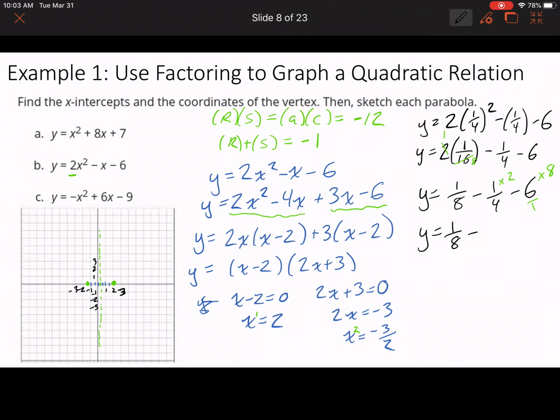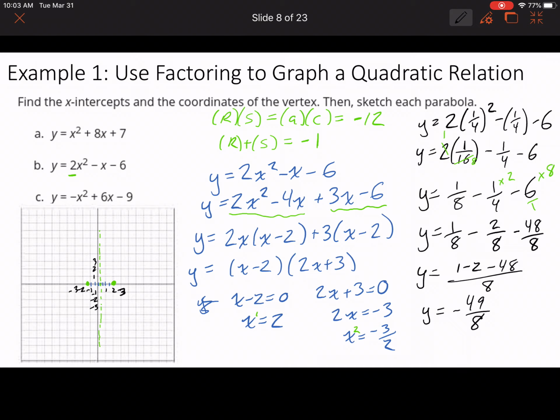If you don't get fraction work, you're going to have to go back and find some worksheets from the beginning of this class, from the beginning of grade 7. Work on that if you don't understand what I'm doing right here, because fraction work is below this grade level. You need to work on it. Then we are just adding and subtracting our numerators, because everything is over 8, and we end up with negative 49 over 8.